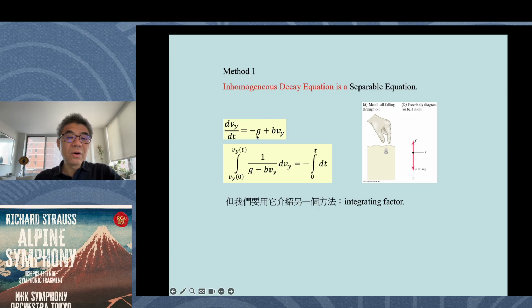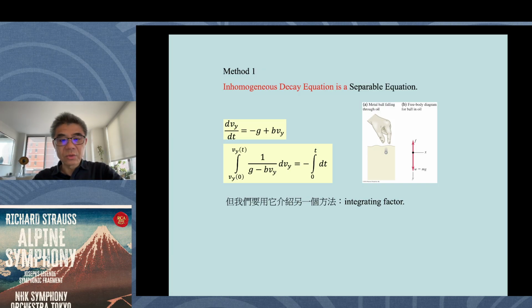Therefore it's separable. I can pull the right-hand side to the left-hand side and dt to the right-hand side and then do integration. So it's the same method we introduced last week.